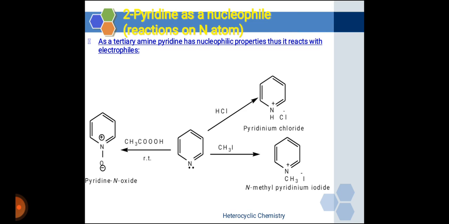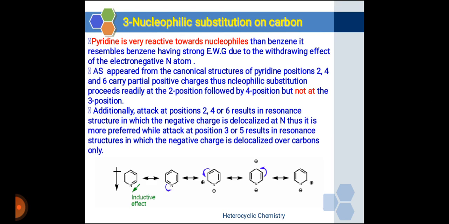Then, nucleophilic substitution on the carbon atom. Pyridine is very reactive towards nucleophiles compared to benzene. It resembles benzene having a strong electron withdrawing group, due to the withdrawing effect of the electronegative nitrogen atom.